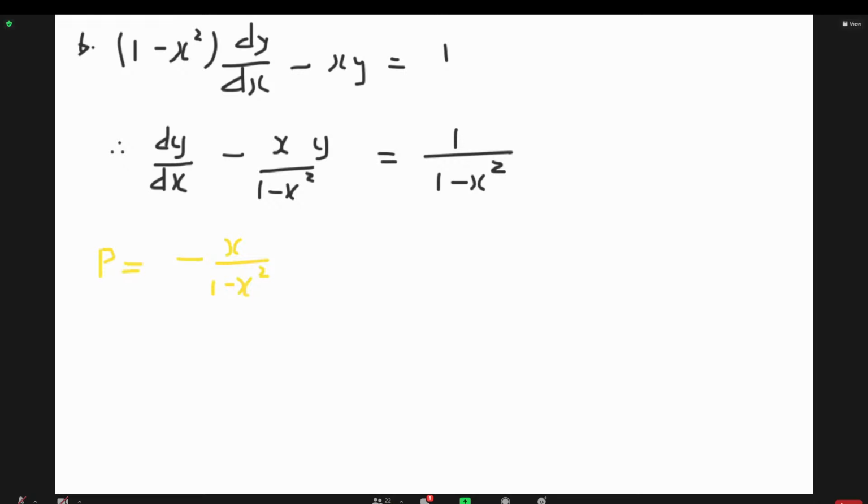P is minus x over 1 minus x squared, everything that is around the y.